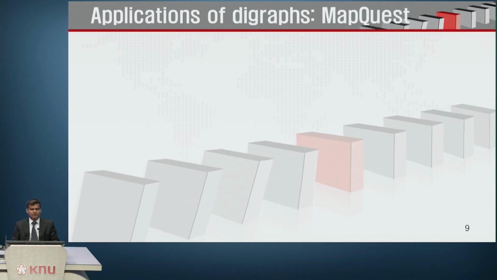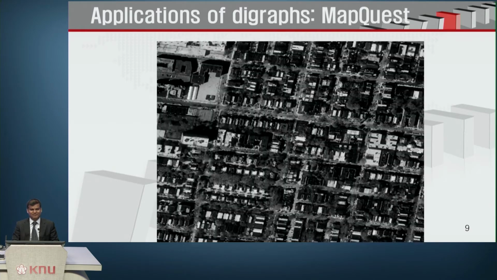So the applications of digraphs, let's talk about MapQuest. This is a map, and you can see it's like a small town with lots of houses, buildings, industries, and some trees.